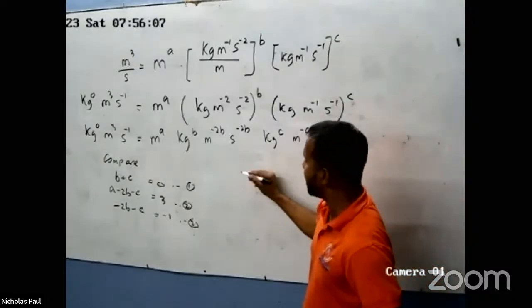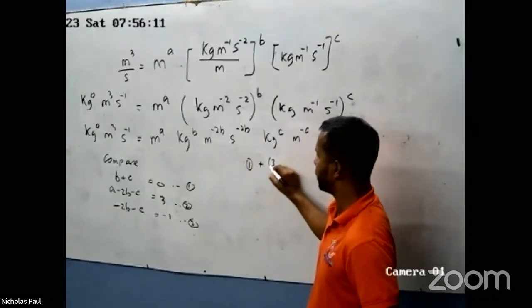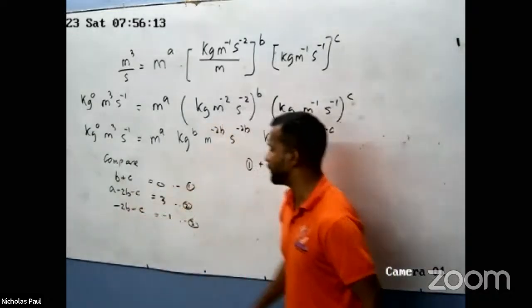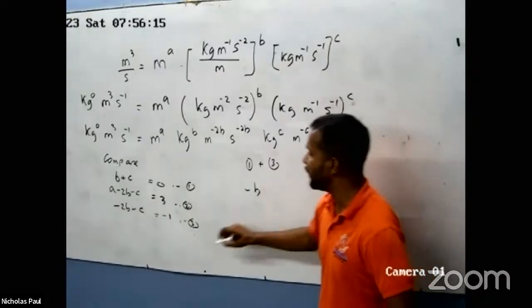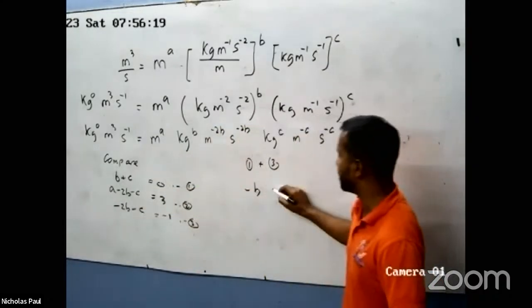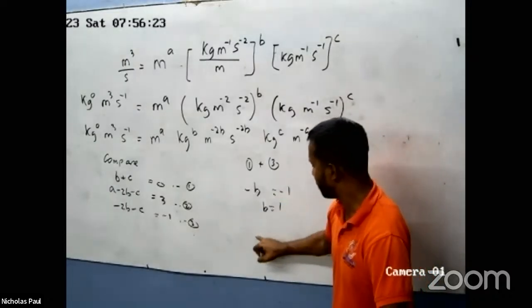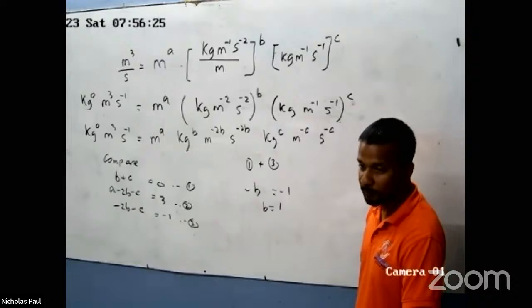So I will take equation 1 and add it to equation 3. So b plus minus 2b is minus b, plus c plus minus c is 0. 0 plus minus 1 is minus 1. So b is 1.